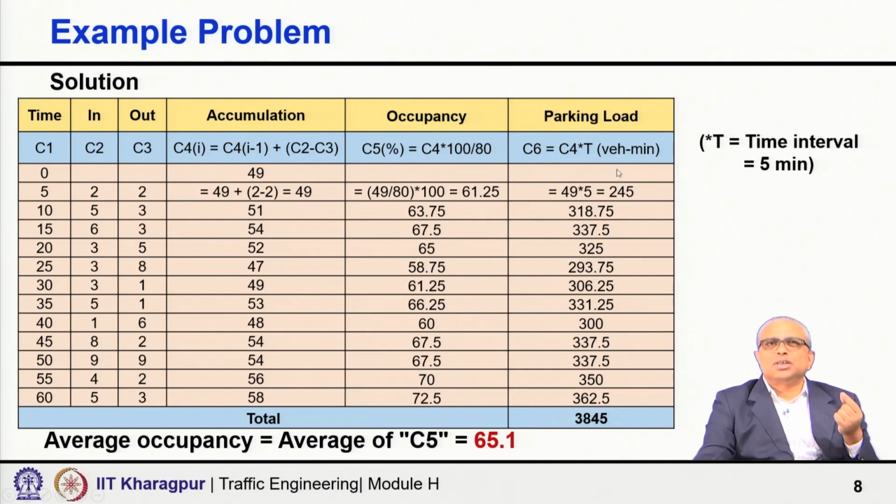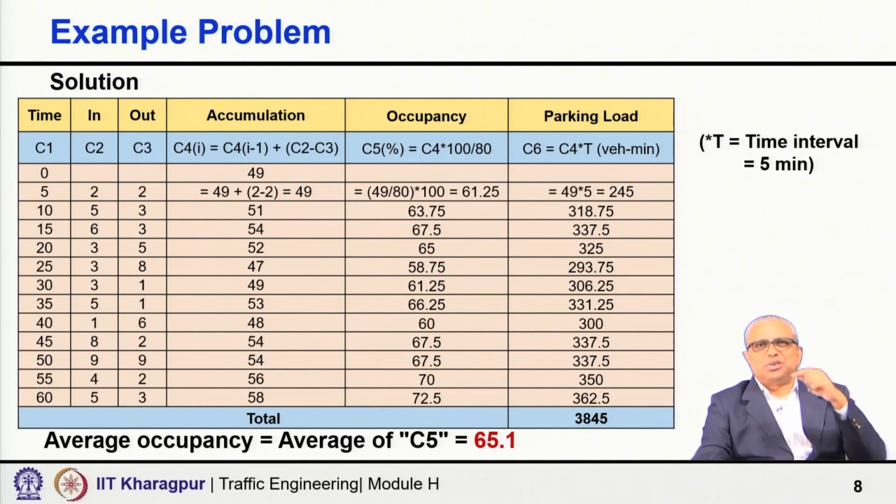So, what is the vehicle minute? How many vehicles? What is the minute? You have 49 vehicles into 5 minutes. So, that way you can get the parking load. Now, the average occupancy is the average of this C5 column. We know the occupancy at time 0, at the 5 minute clock, then 10 minute, 15 minute.